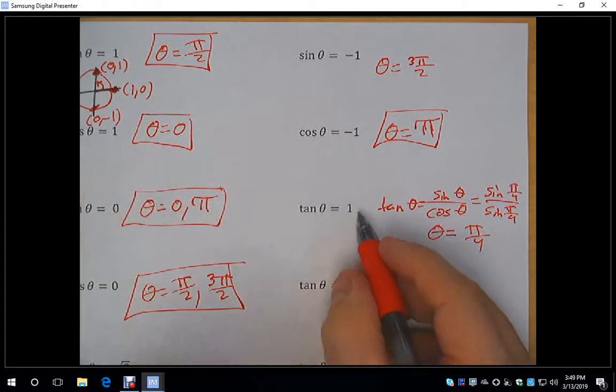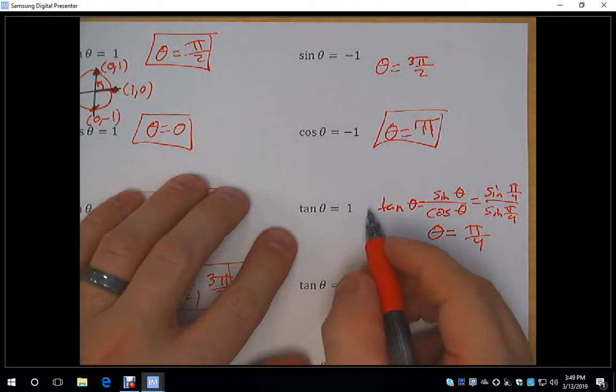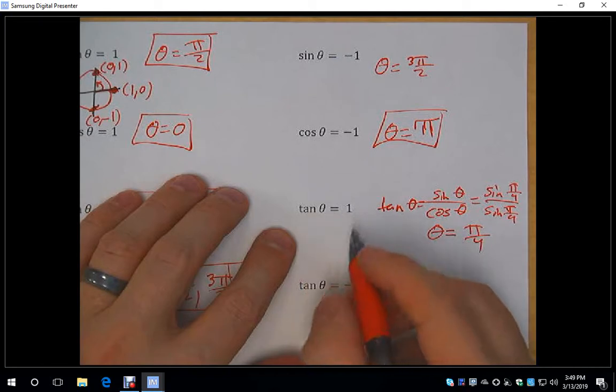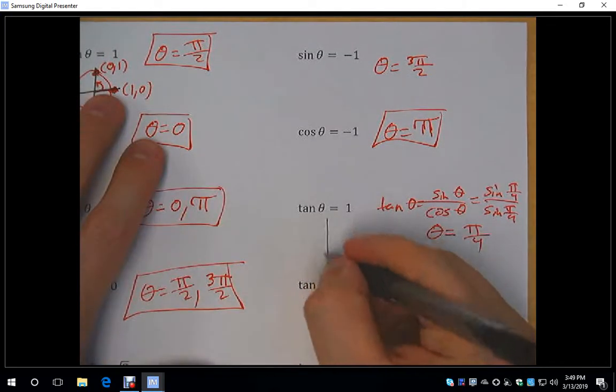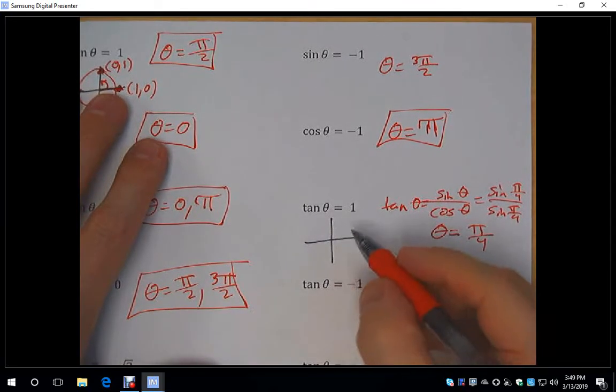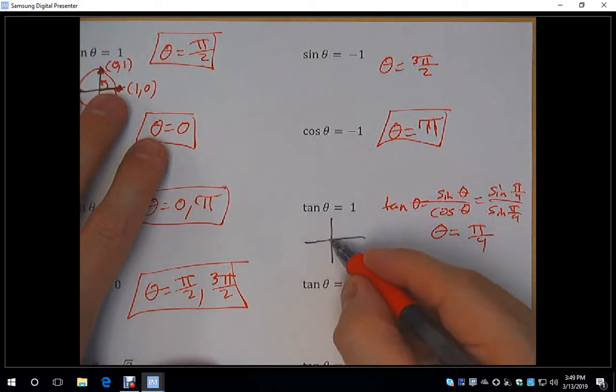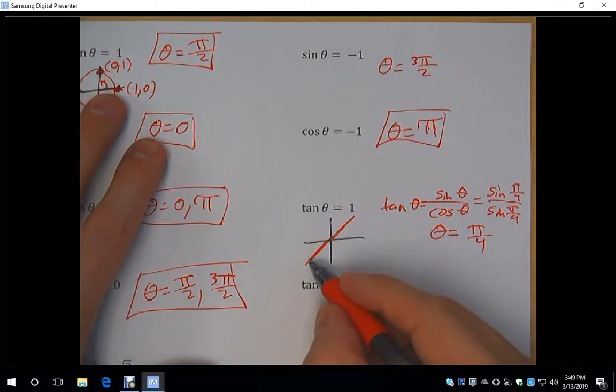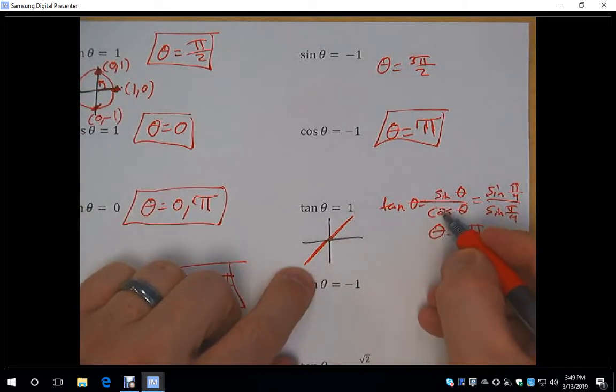Now, is that the only time that tangent theta is going to be 1? Well, if we draw our Cartesian grid, tangent is positive in the first quadrant, and it is positive also in the third quadrant, where sine is negative and cosine is negative.